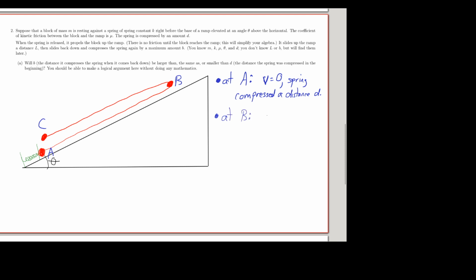At B, the velocity is also 0. The spring is at equilibrium. And finally, at C, the velocity is still 0, and this time the spring is compressed a distance b.